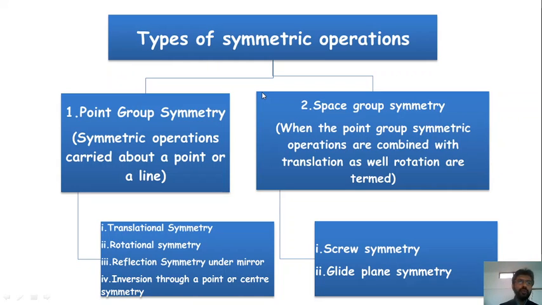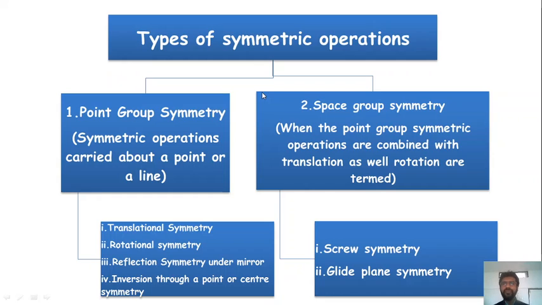Again, the point group symmetries are classified according to the symmetric operation. The first one is translation symmetry, the second one is rotational symmetry, the third one is reflection symmetry under a mirror, and the fourth one is inversion through a point or the center of symmetry.